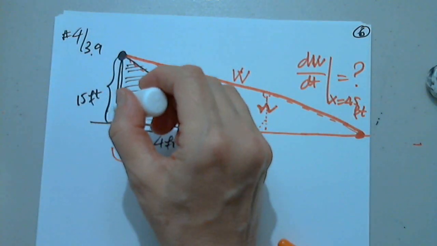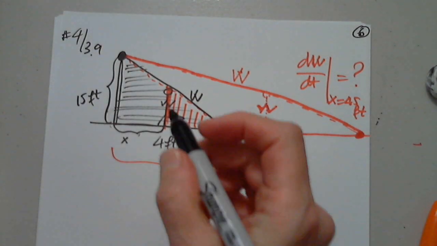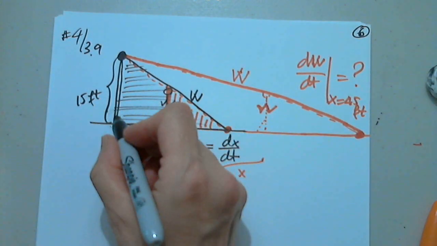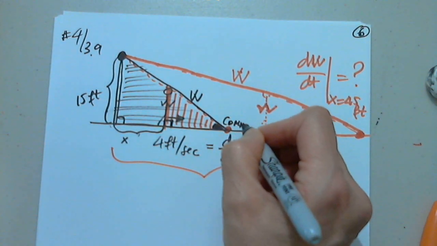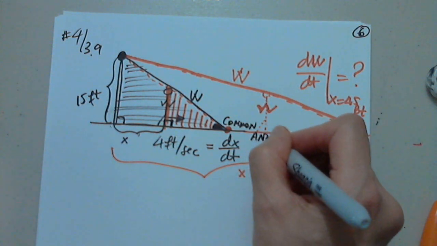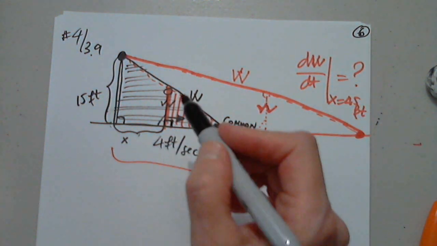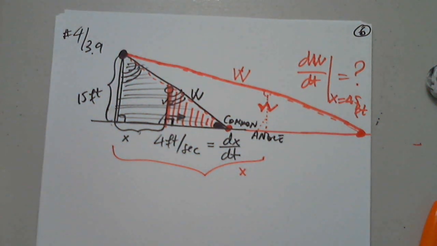Why? Because they have congruent, we say, equal angles. How come? Yeah, so this is a right angle, and this angle is called common angle. And of course, this angle here will be identical with this angle here.